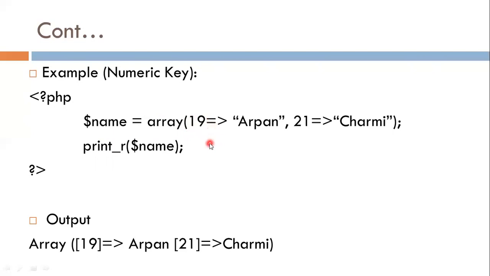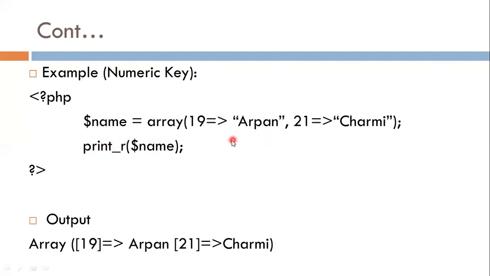Here I use the key as an enrollment number. So the enrollment number of student Arpan is 19, for example. Then 19 is a key and the student name Arpan is a value. The second student is Charmi, so it is a value, and 21 is a key. So each and every key is associated with a particular value.